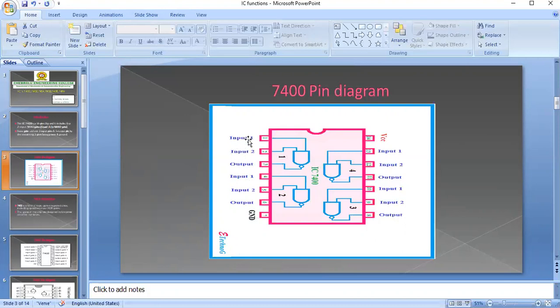If we give inputs to the first and second pins, we take the output at the third pin. If we give inputs at the 4th and 5th pins, we take the output at the 6th pin. So 7400 is a quad 2 input NAND gate.